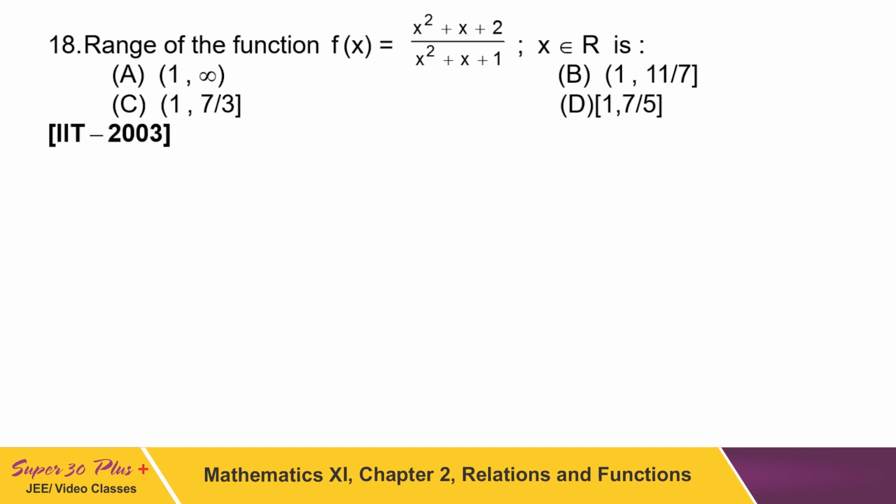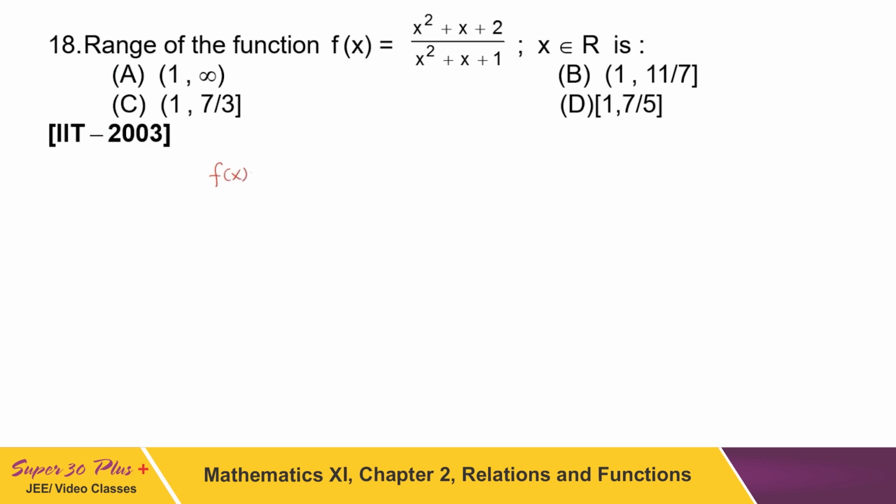Let's see one more question. Range of the function f(x) is equal to (x square plus x plus 2) upon (x square plus x plus 1) for all x belongs to real numbers. The domain is the real numbers, then how can we find the range of this function?